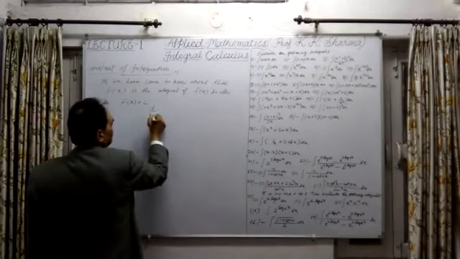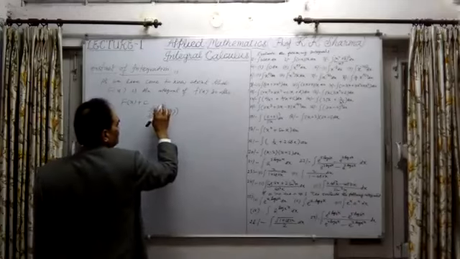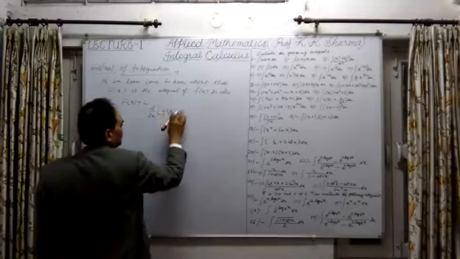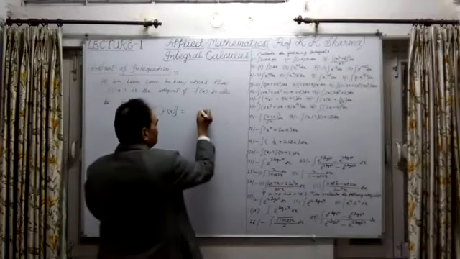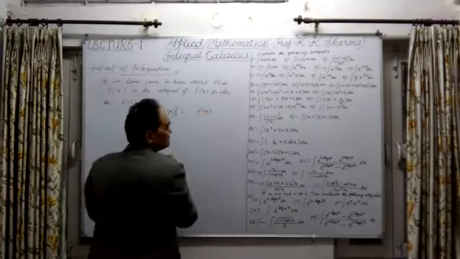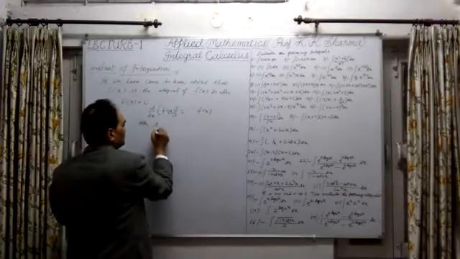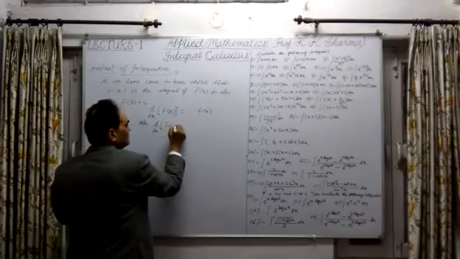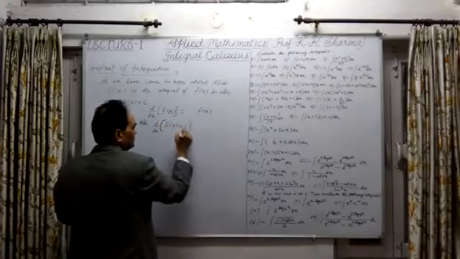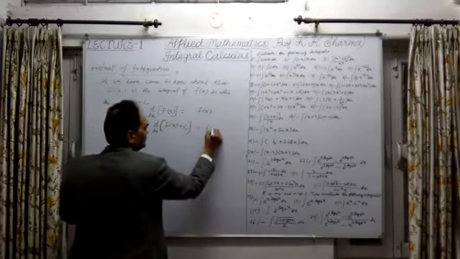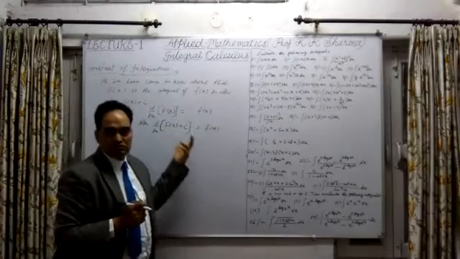Since we know that d/dx of F(x) is given to us as f(x). Also, we know that d/dx of F(x) plus constant c, if I write here constant c, this is also equal to f(x), because the derivative of a constant is 0.